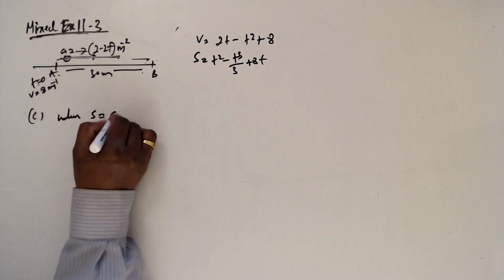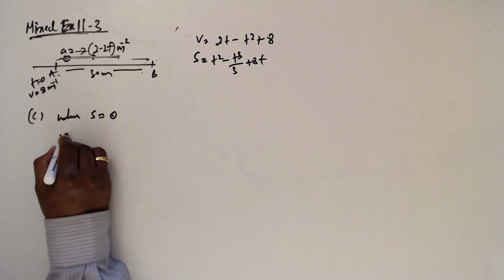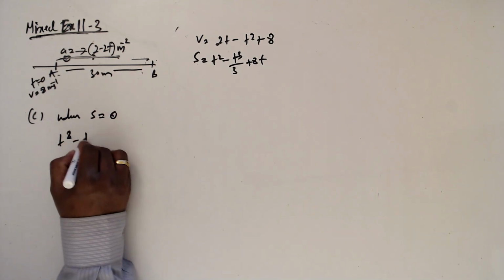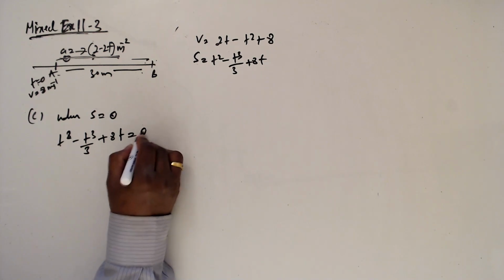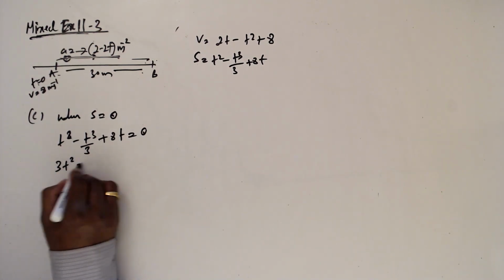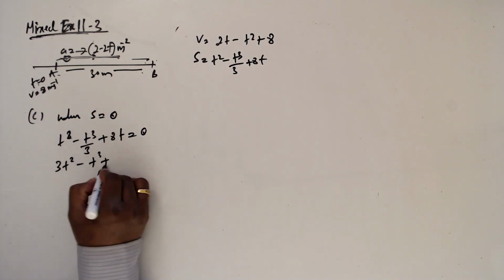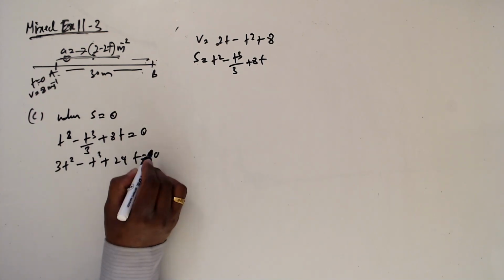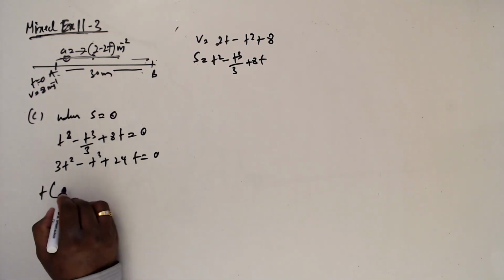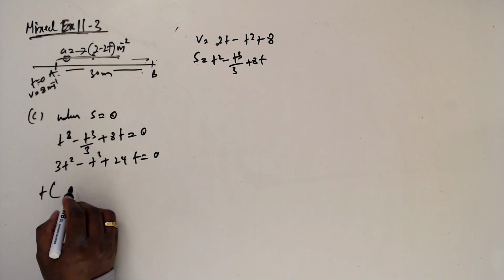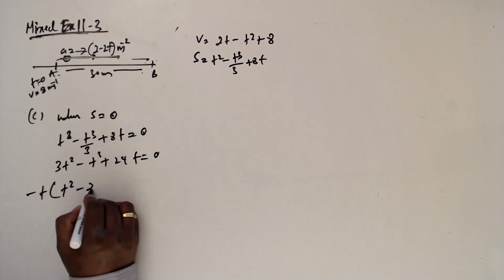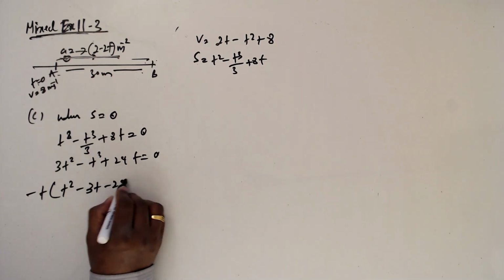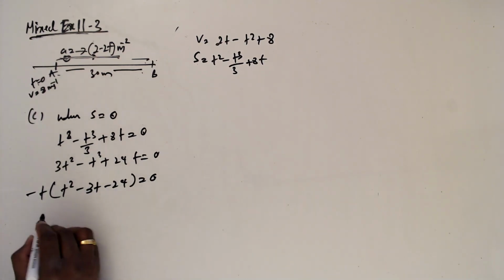When s equals 0, t square minus t cube plus 8t equals 0. When I take t out, this is going to be t square minus 3t minus 24 equals 0.